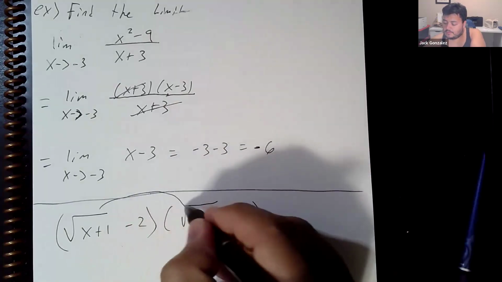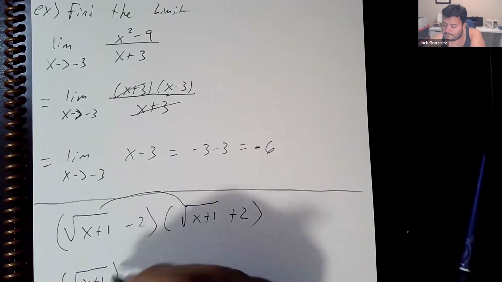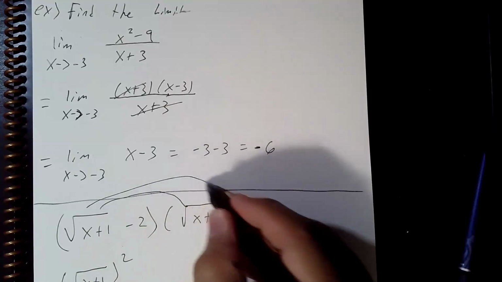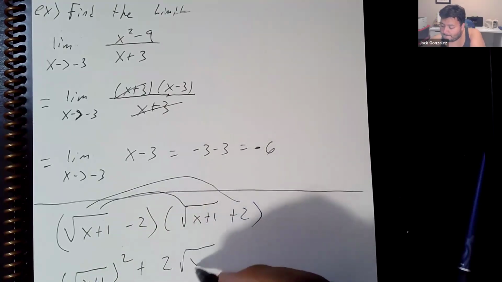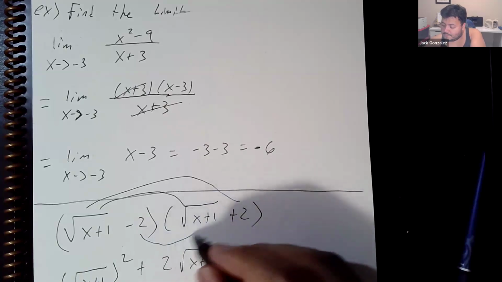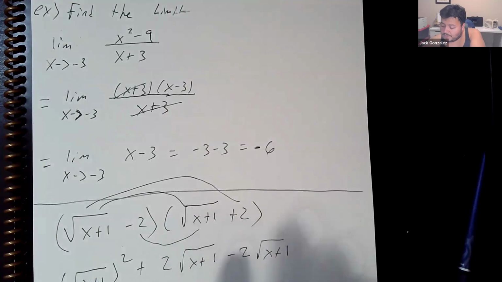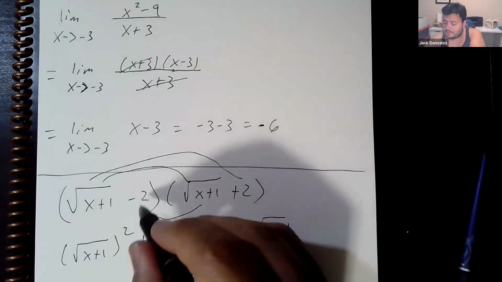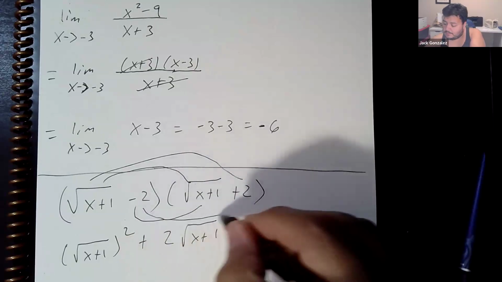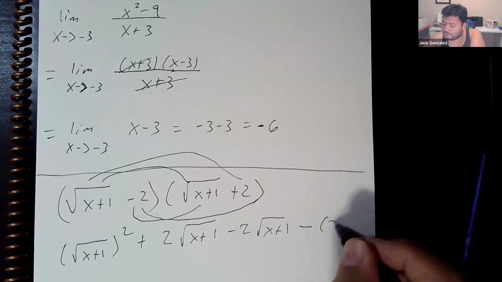So this times this, you agree it would be squared, right? Yes, sir. This times this is 2 of them. This times this would be -2 of those things. So these are going to cancel, right? Yeah. And then the last one, 2 times 2.